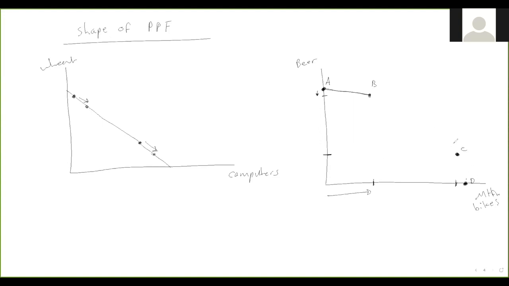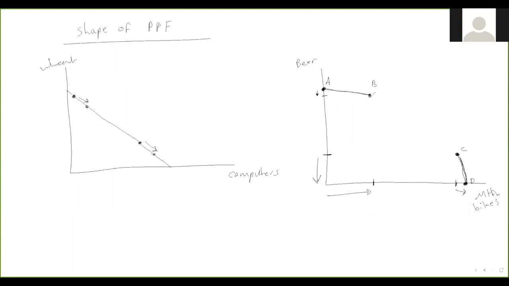So to go from C to D, we have to give up the rest of the really good beer producers who are not good at making mountain bikes, which means we don't actually get that much more mountain bike production. So the point is, the slope is changing, i.e., the opportunity cost is changing based on where you are. So the slope is much steeper, meaning the opportunity cost is higher down here compared to up at A and B.